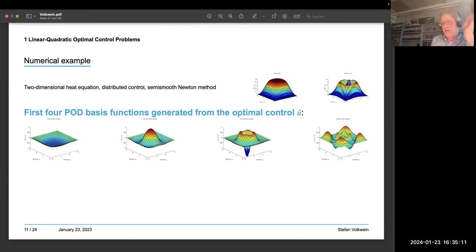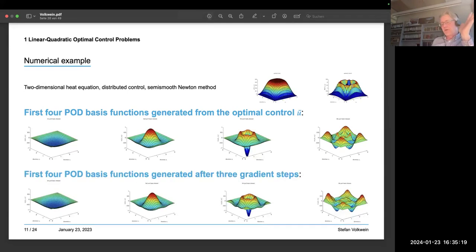And it is. So we start with U equals 0. And then we did this OSPOD stuff. We did 3 gradient steps. And then we get this basis, and look at this. The first basis functions more or less coincide. The second also, the third also, and also the fourth is not so bad. So we are very close to the exact POD.